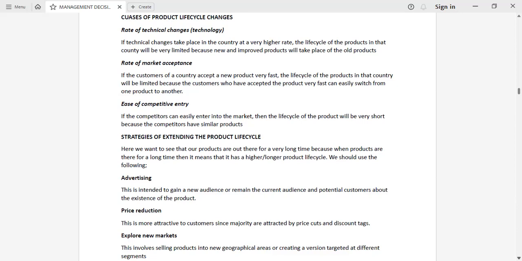So if that happens, then the product life cycle change is not going to be all that high.